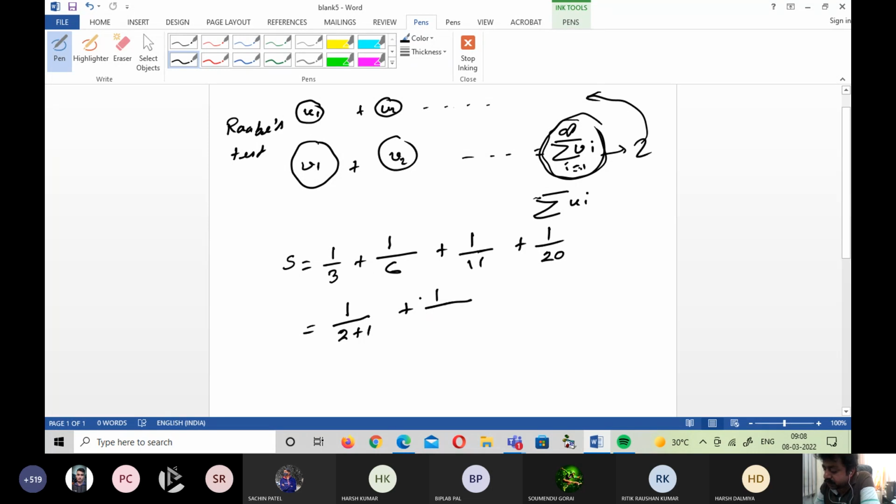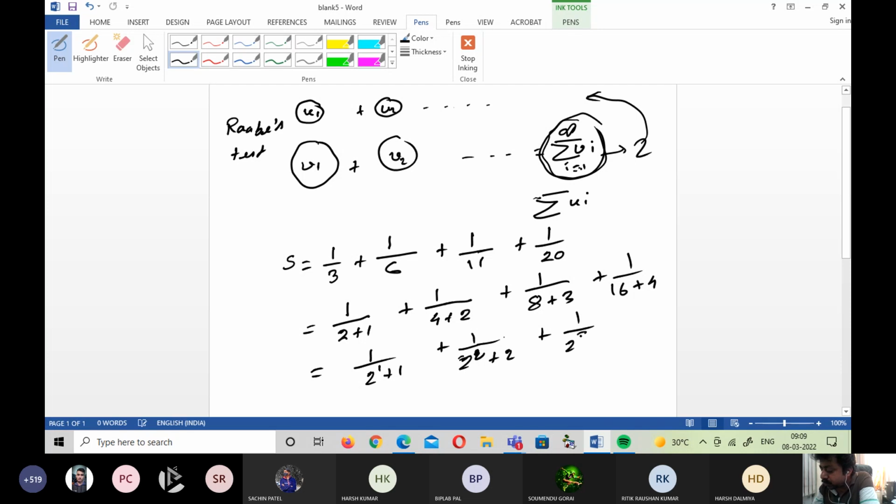1 by 6 will be 4 plus 2, plus 1 by 8 plus 3, 1 by 16 plus 4. It can be written as 1 by 2 to the power 1 plus 1, plus 1 by 2 to the power 2 plus 2, 1 by 2 to the power 3 plus 3, plus 1 by 2 to the power 4 plus 4.